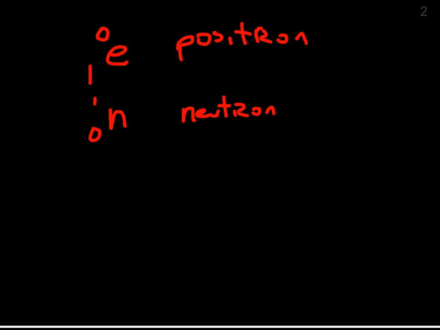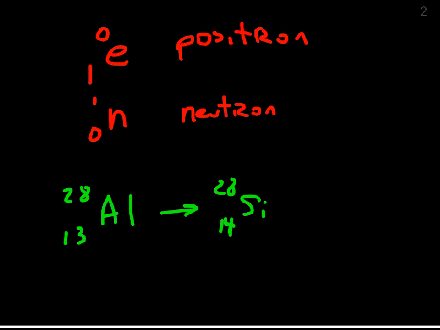All right? So here would be an example. Let's just say I give you this. Here's an isotope of aluminum, 28, 13. It's going to produce silicon, 28, 14. So I'm trying to figure out what particle comes off of that. Well, I'll go to the top. 28 equals 28 plus, better be 0, okay?